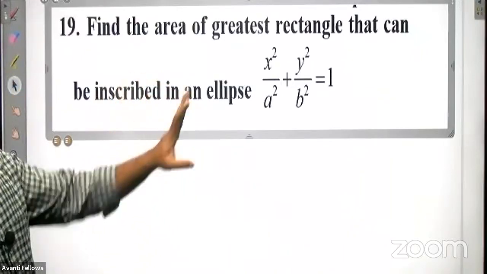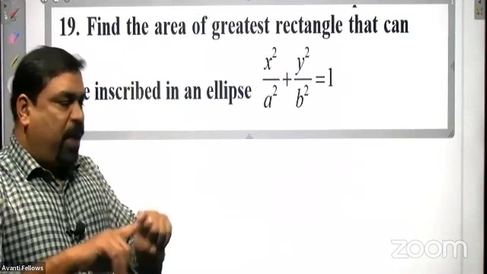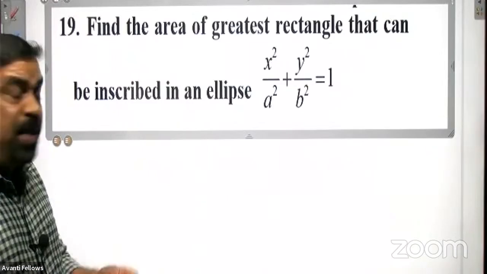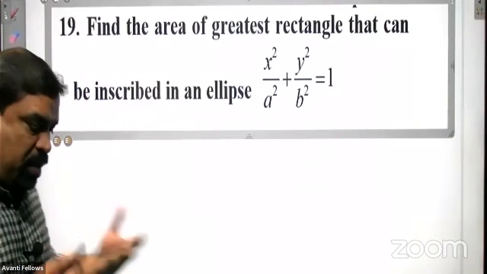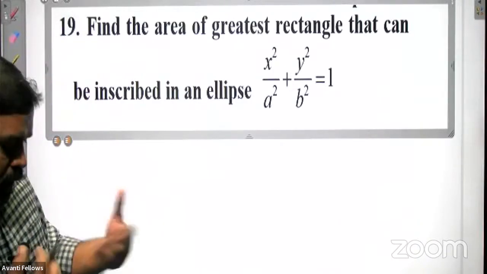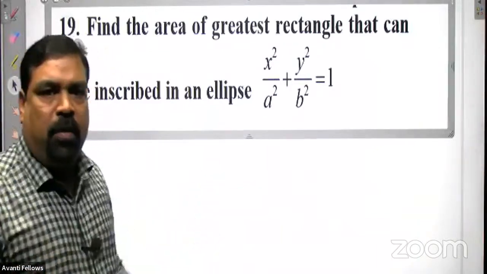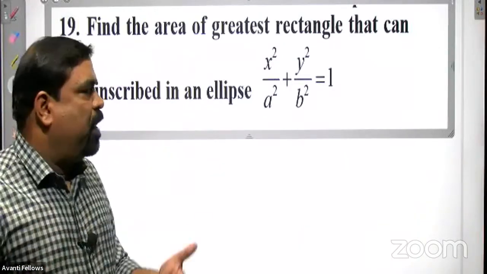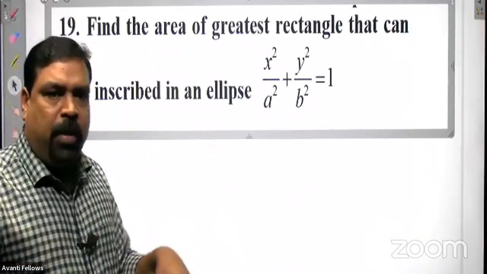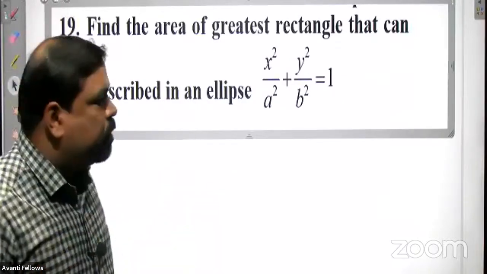There is a playground which is in the shape of an ellipse. Inside that ellipse, we want to construct a rectangular playground. What is the maximum area of that playground which can be constructed inside that ellipse, whose vertices are on the ellipse?